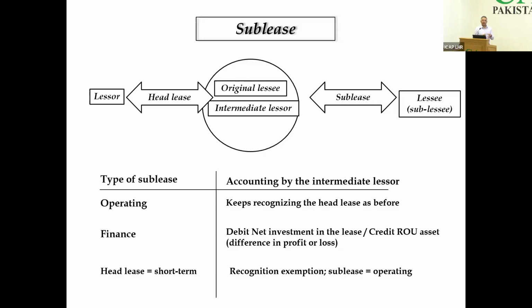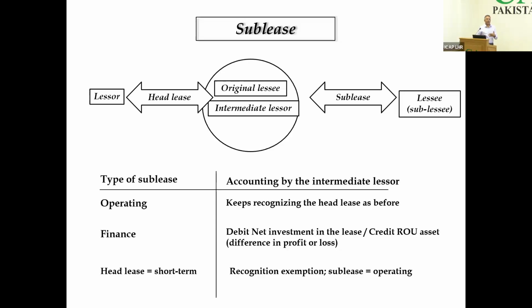If the intermediate lessor determines it's a finance lease, it will de-recognize the right of use, recognize the lease receivable, just like a manufacturer and dealer lessor, and the lease liability will remain in the books of the intermediate lessor, and it will be accounted for as it was for a lessee in the original lease contract. And then it will account for the sublease as a lessor, and it will book rental income.